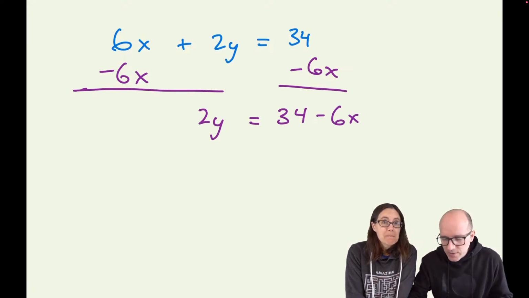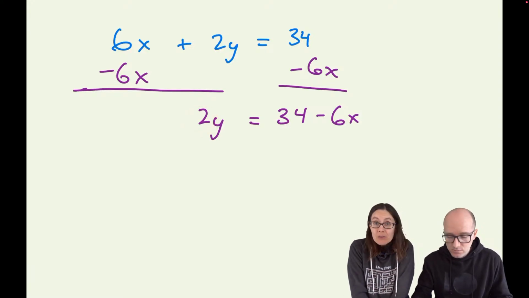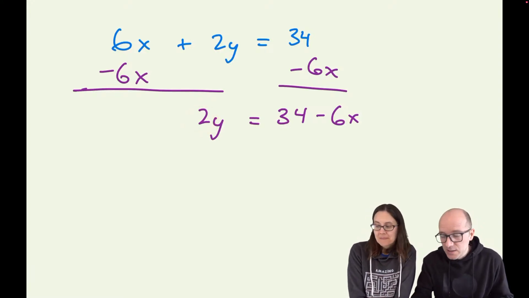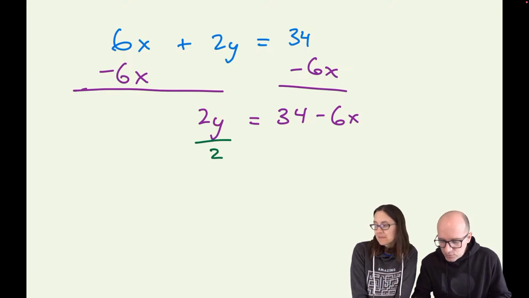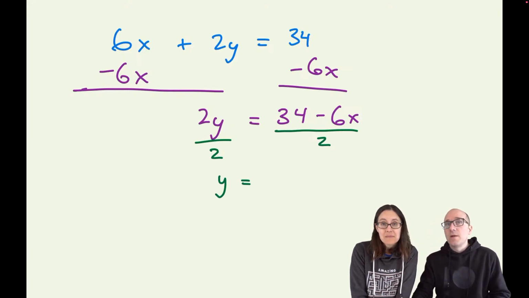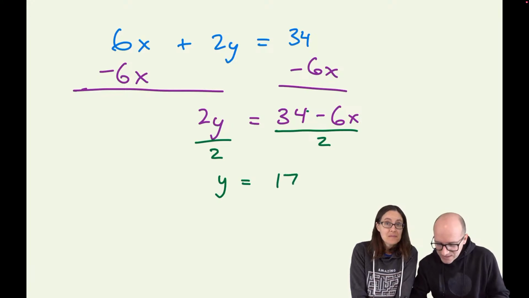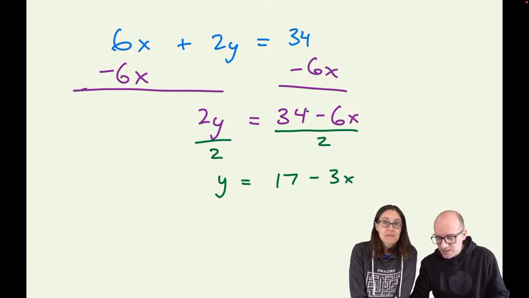Okay, now how do I undo a times by 2? Divide everything by 2, because we're trying to get y all by itself. So if I divide by 2 on the left, I'd better divide by 2 on the right. So then I get y is equal to, and then what's half of 34? 34 divided by 2 is 17, minus, and half of 6 is 3 times x.